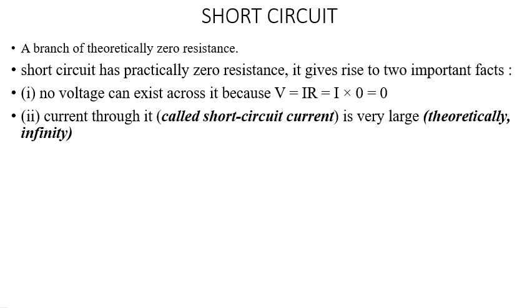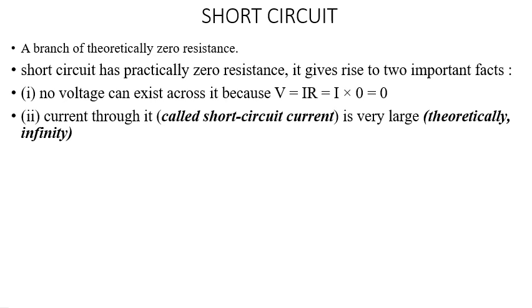I think applied electricity really centers around these concepts, like short circuits, open circuits, and so on. Now we are going to deal with short circuit, and I really want you to understand it well, because if you don't, you might have an issue solving questions. So what is a short circuit?